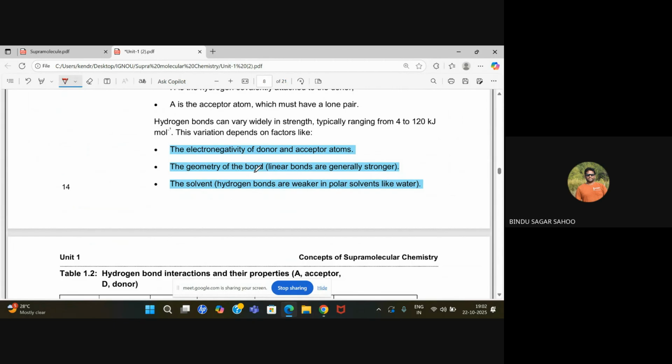So this interaction will be linear type. The third thing is that the solvent is also an important factor. To form a hydrogen bond, we need to take a solvent also, and the solvent must be polar in nature. You can take water as a solvent. The role of the solvent is important to strengthen the hydrogen bond.